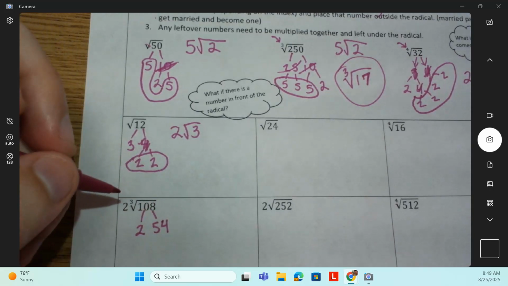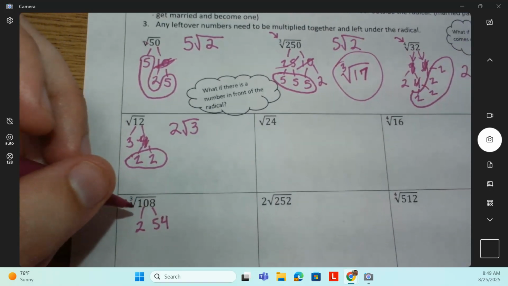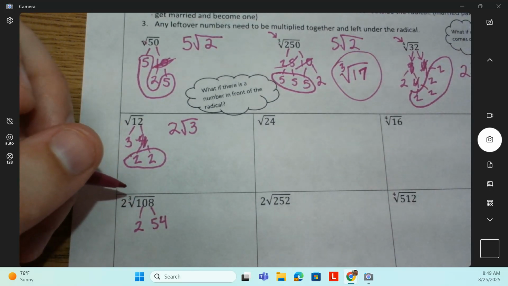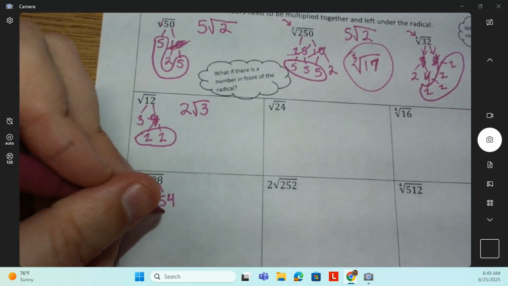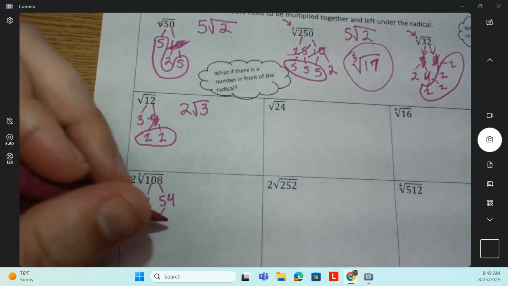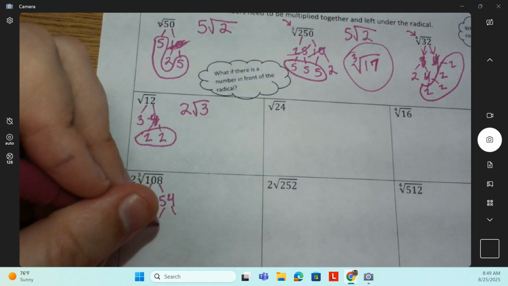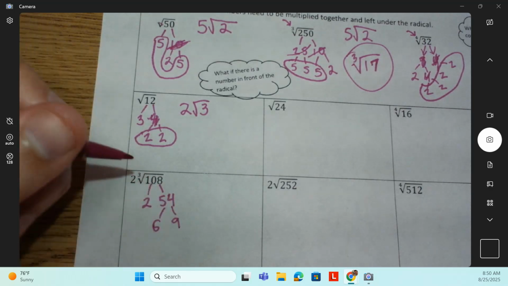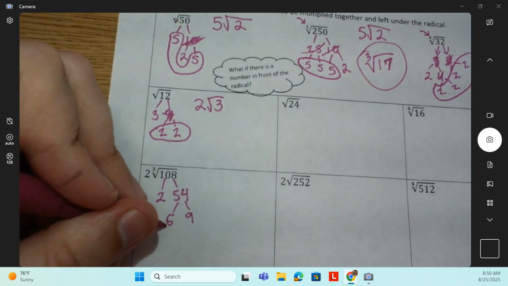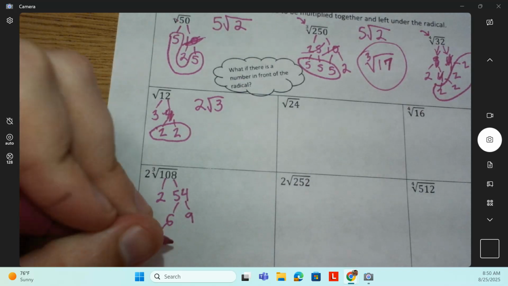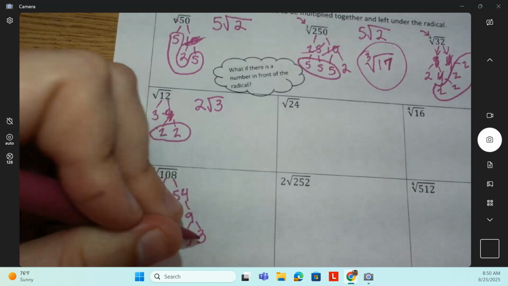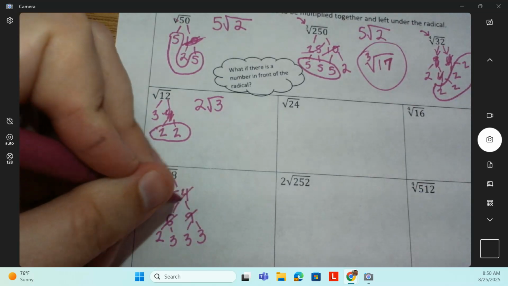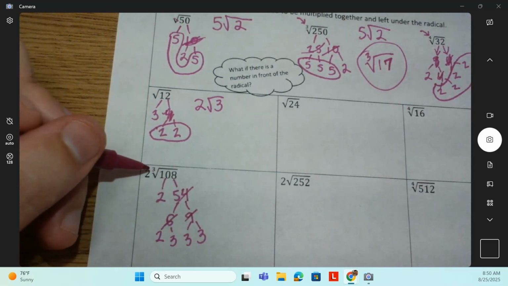Of course, you could split it up as 3 times something, or even 9 times 12. Now when I get to 54, I know that's 6 times 9. And 6 splits up into 2 times 3, and 9 is 3 times 3. So crossing out the ones that are already split apart and checking my radical there.